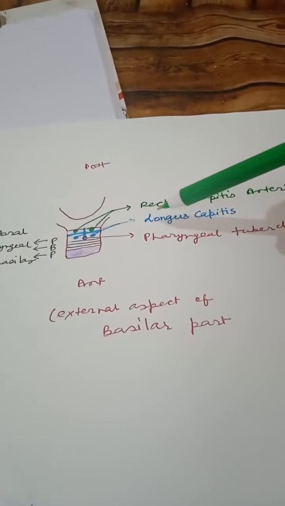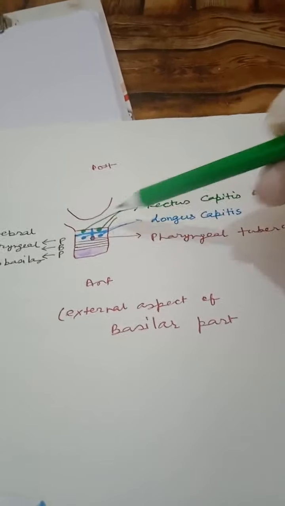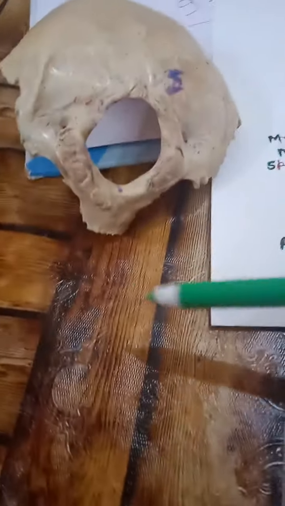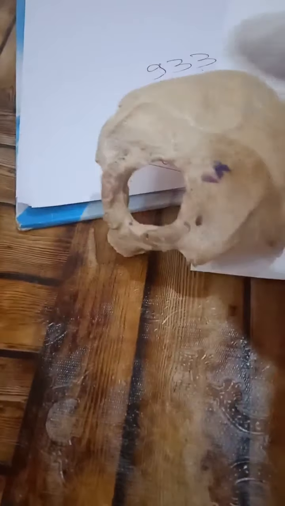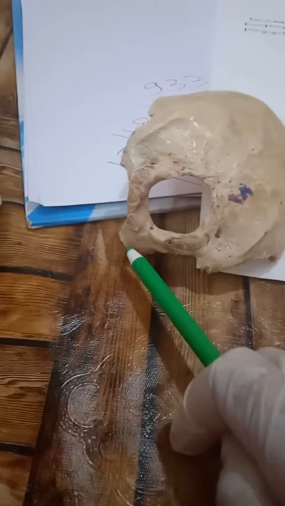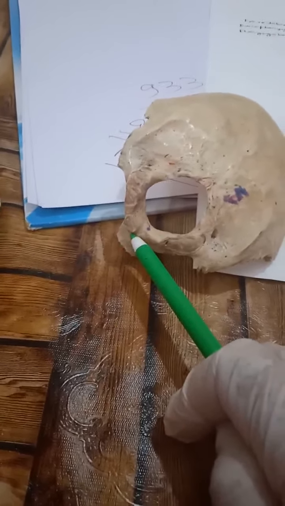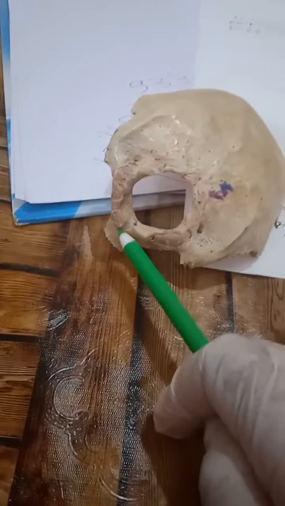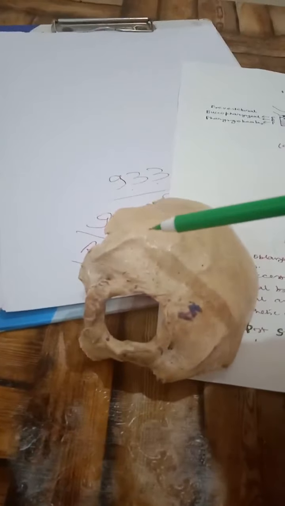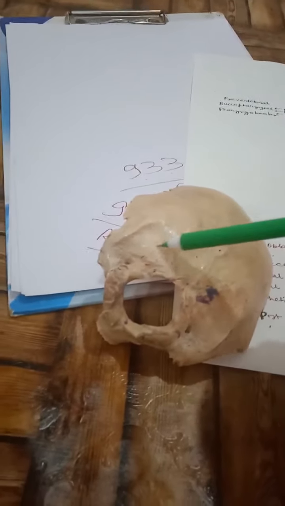Anteriorly there is the attachment of longus capitis, and posteriorly RCA, that is rectus capitis anterior. Here lies rectus capitis lateralis, and here is the rectus capitis posterior in this area.